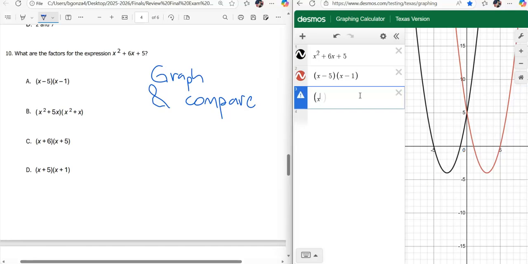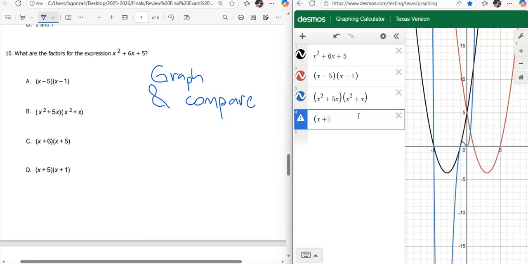Okay, x squared plus 5x, x squared plus x. That's crazy. No. Okay, x plus 6, x plus 5.